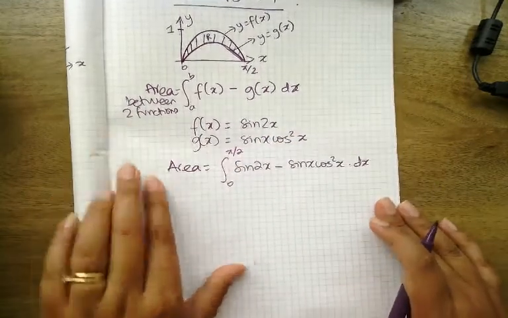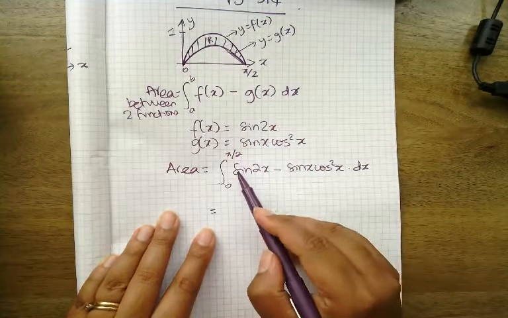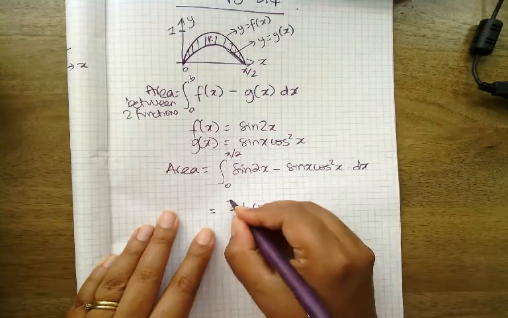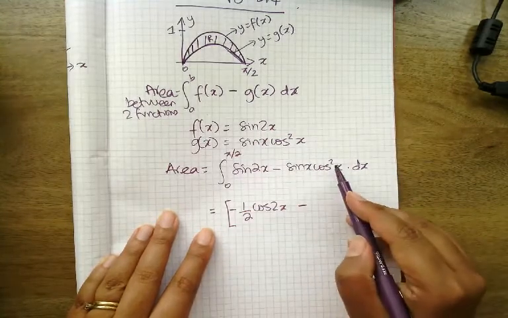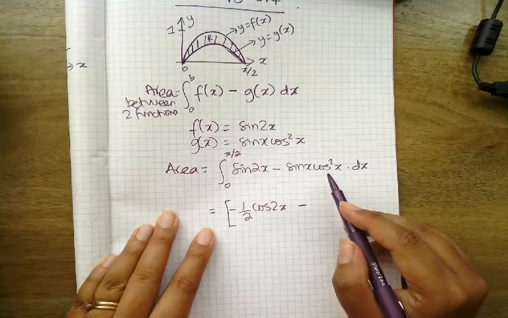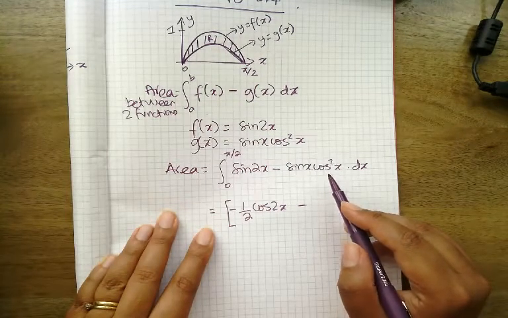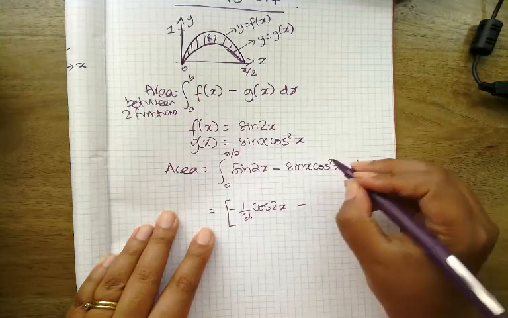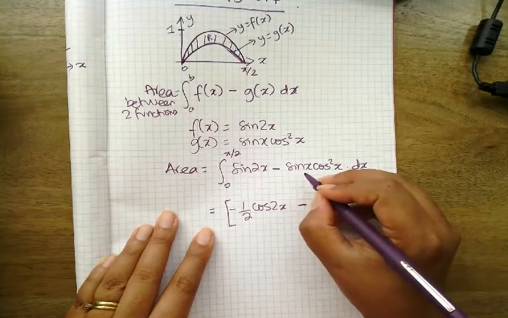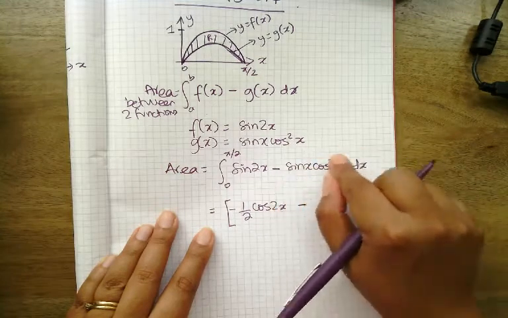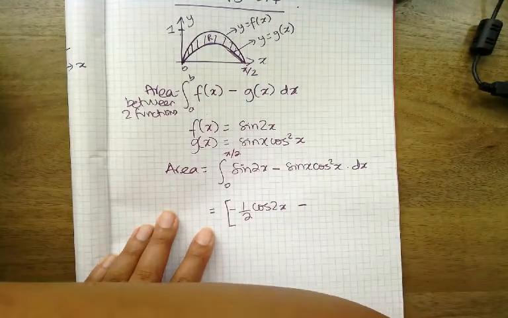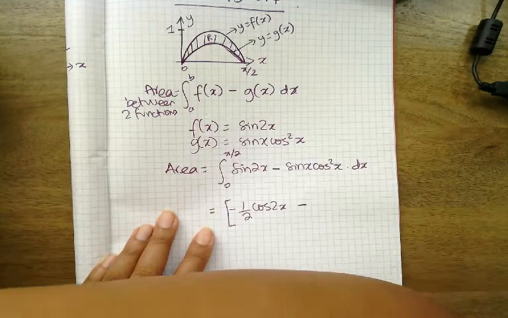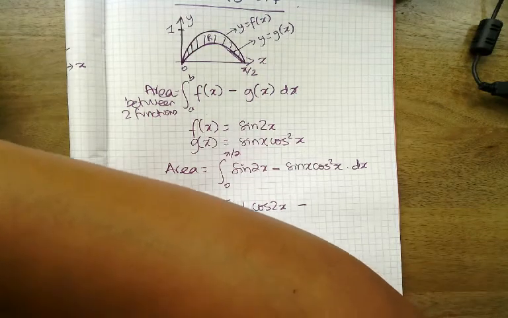Okay, so if I integrate sine 2x, I'm going to get minus 1 over 2 cos 2x. And if I integrate sine x cos squared x, then I'm using the reverse chain rule, or actually I'm using substitution, because I've got cos squared x and that is being multiplied by its derivative. I will use substitution for this, and you've done this in the exercise. Let me tell you exactly where you learned this so you can jog your memories a little bit.